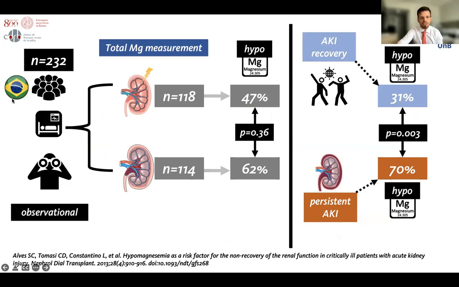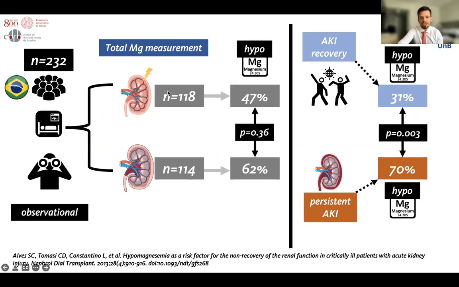This study was conducted in Brazil with 232 individuals. It was an observational study, and when patients were admitted to the ICU, they had a total magnesium measurement. In this cohort, 118 patients developed AKI, of any stage, and 114 had no AKI, with normal kidney function.